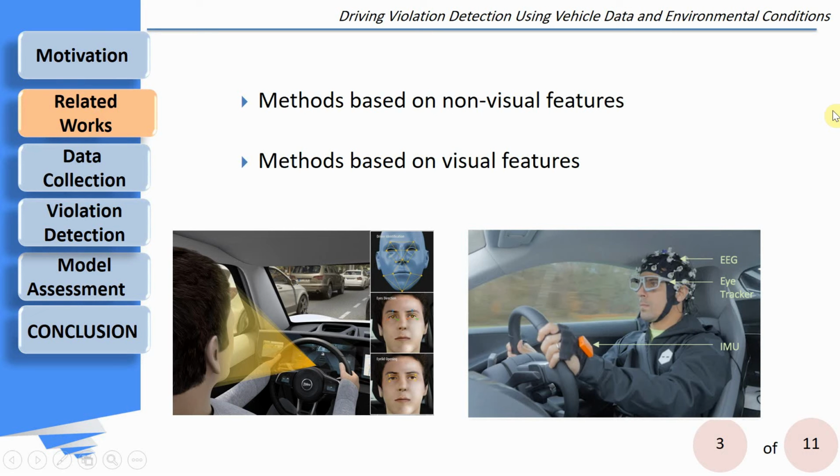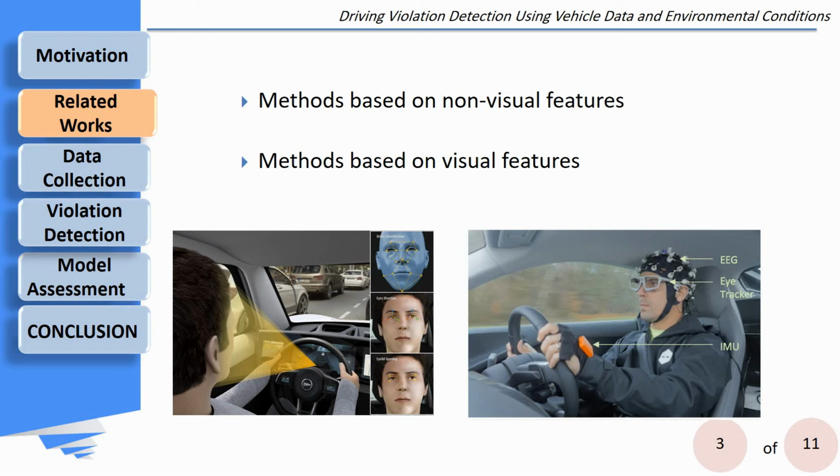Monitoring driver behavior is a common field in intelligent transportation systems and human factors studies. Several methods have been introduced in the literature to explore human factors in driving activity, which are categorized in two terrains based on feature types. The first method is based on non-visualized features, and the second method on visualized features.